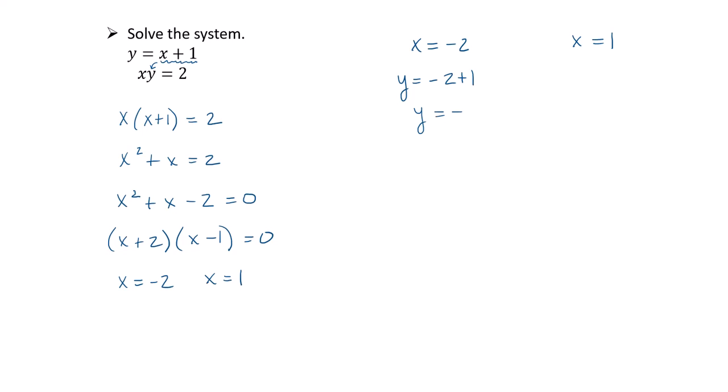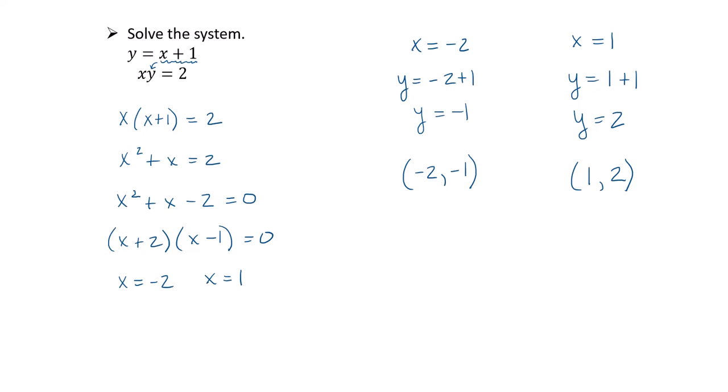So y is negative 1. That gives me the ordered pair negative 2, negative 1 as a solution. And this other, y equals my x of 1 plus 1. I get y equals 2. So this means I have 1, 2 as my solution.